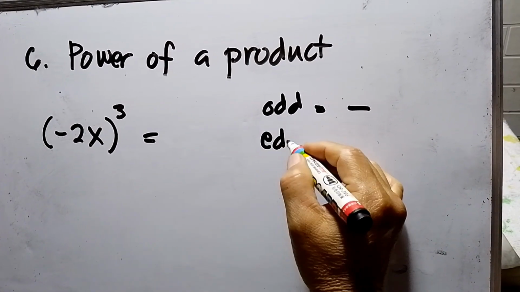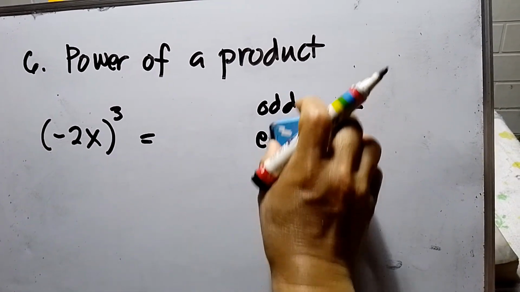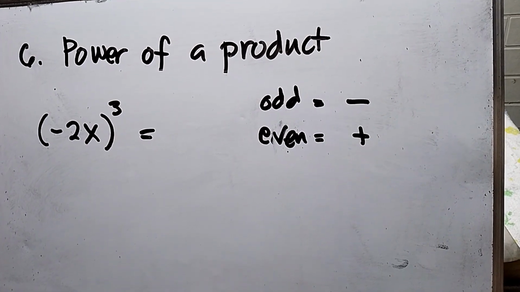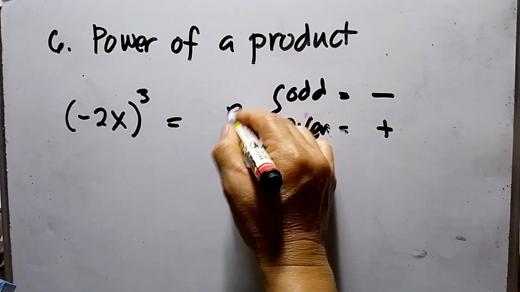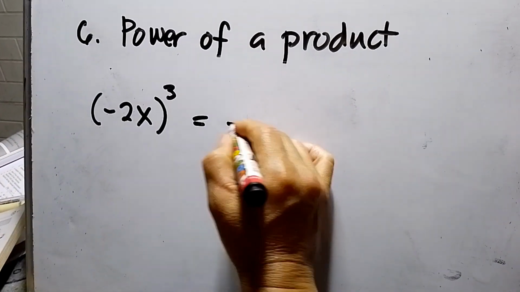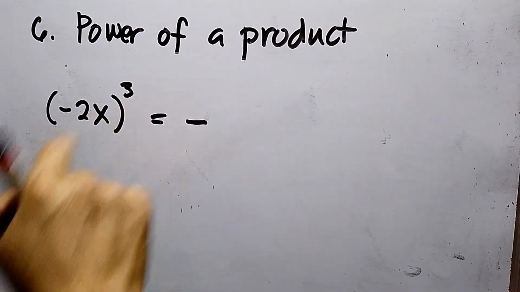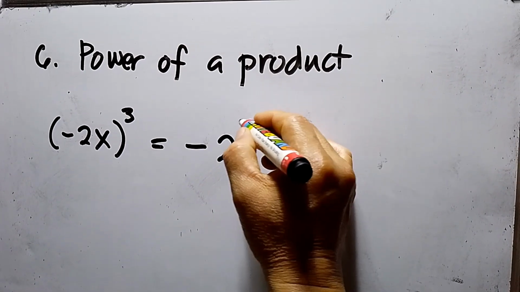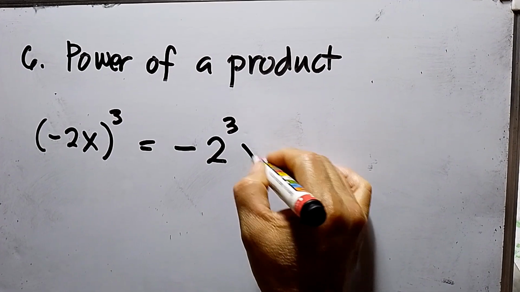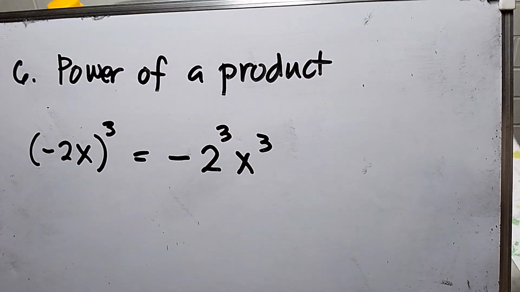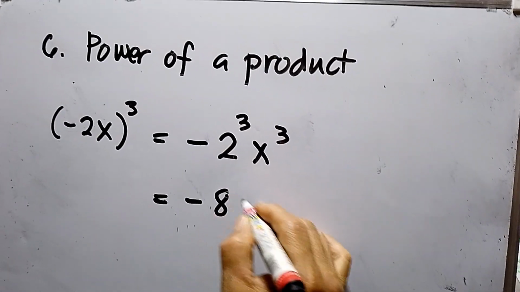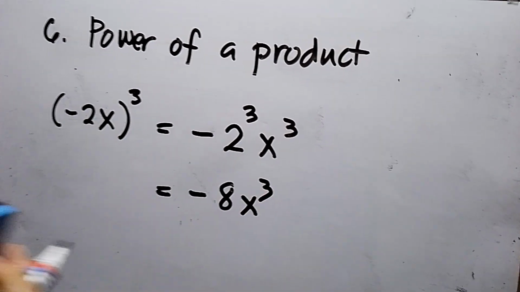If the exponent is even, the sign must be positive. Okay. So this will be negative because the exponent is odd. So this will be 2 to the power of 3, and then this will be x cubed. So negative 8x cubed. That's number 6.